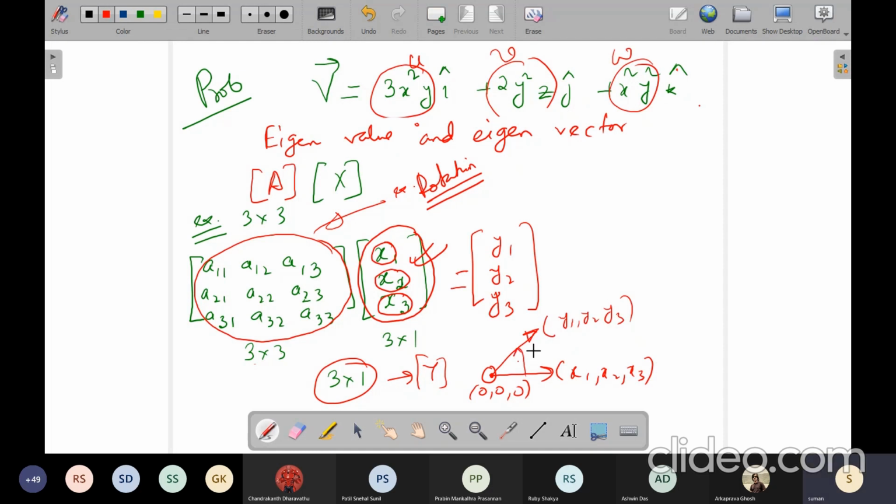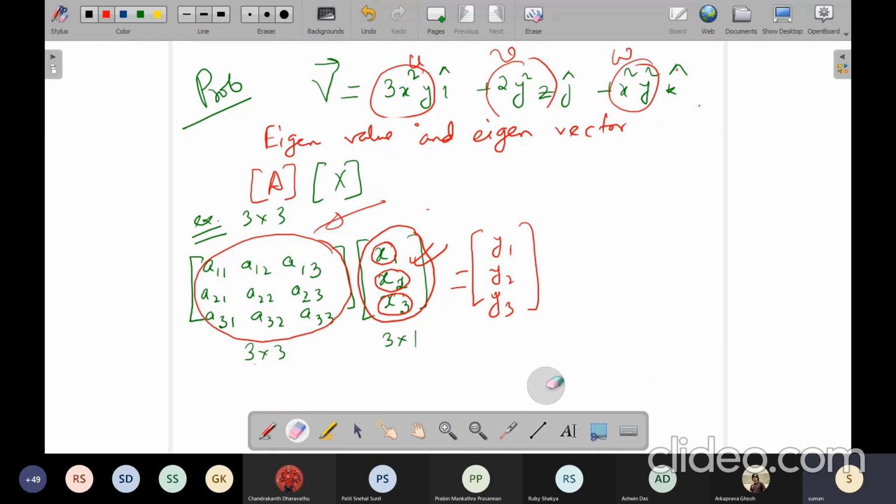So all in all, if you forget about rotation and consider it as a generalized transformation, it is applying a transformation in a way that this entire thing is transformed finally.